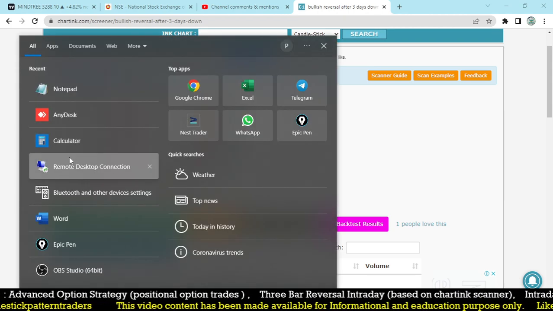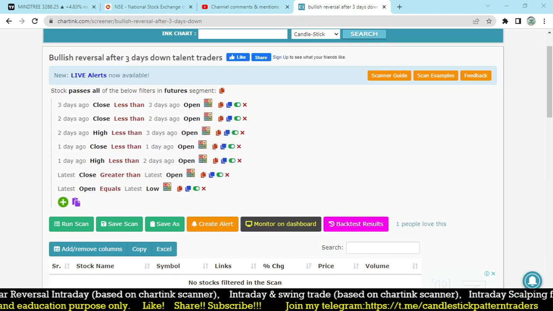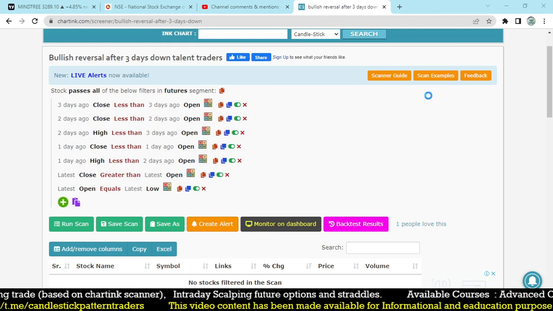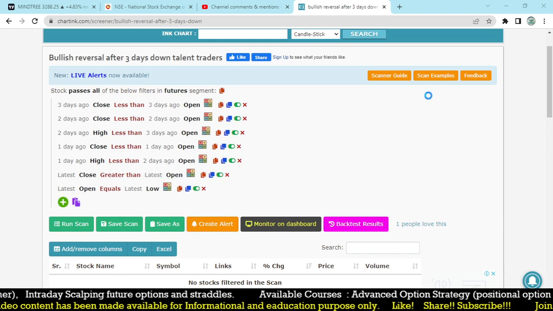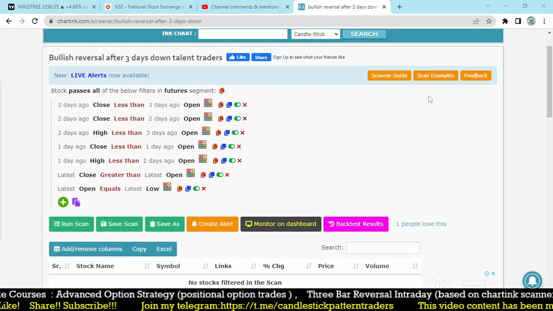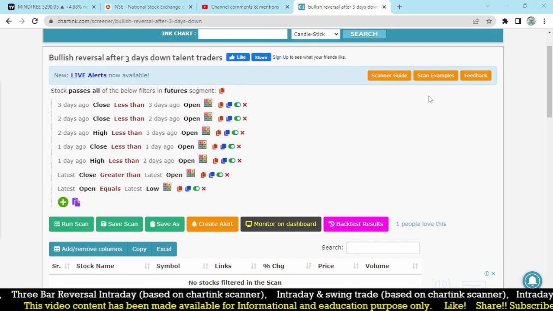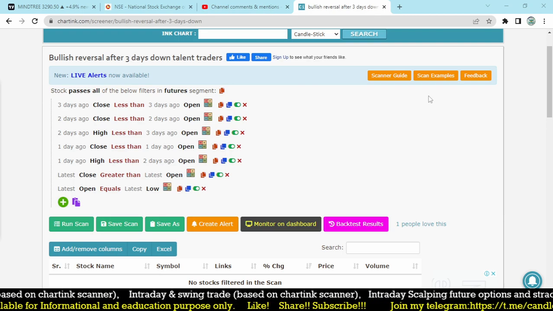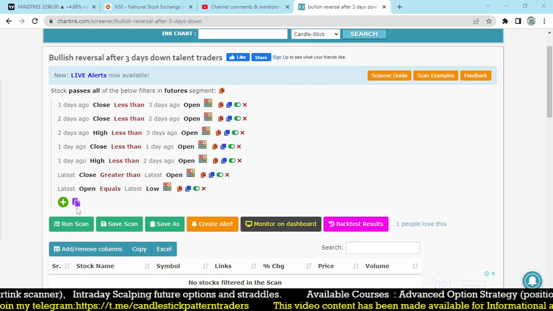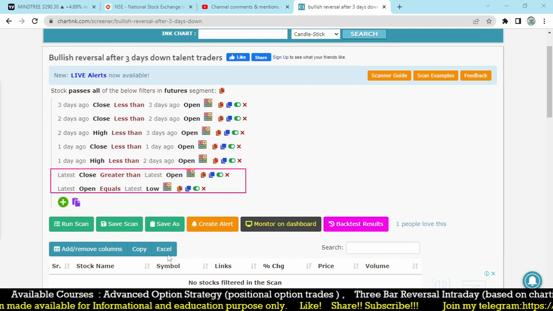A subscriber commented that a hammer candle after 3-4 days down would be the best opportunity to make money. It may not be a huge one, and we may not get many stocks, but these are the conditions we are finding for the trade that was working well.